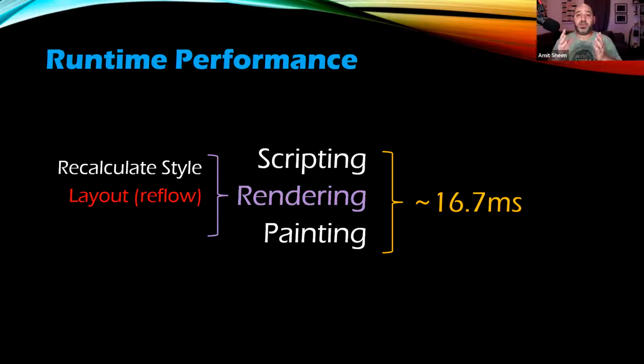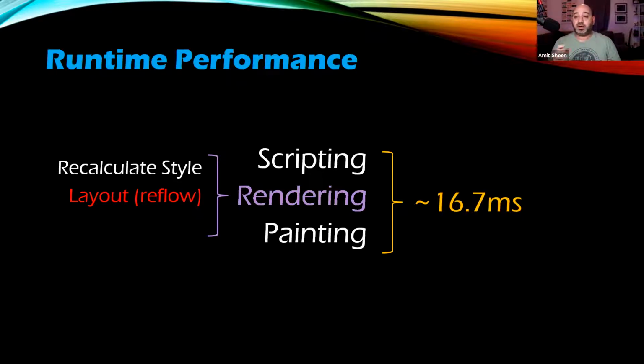When a box model changes, for example the width or height of an element, you're actually changing the flow of the page. So if the recalculated style affects the flow of the page, it will trigger a layout function, also called a reflow.